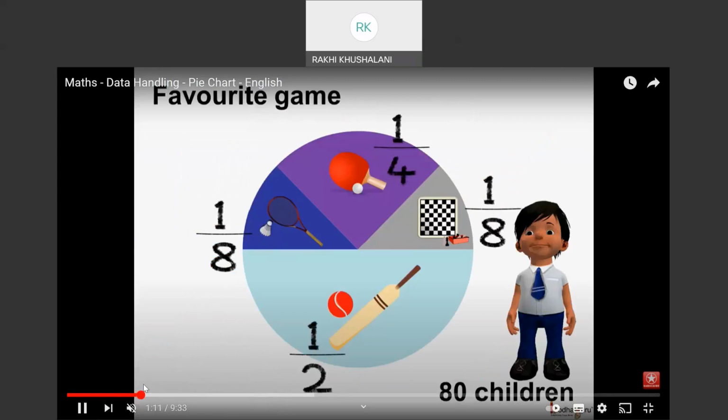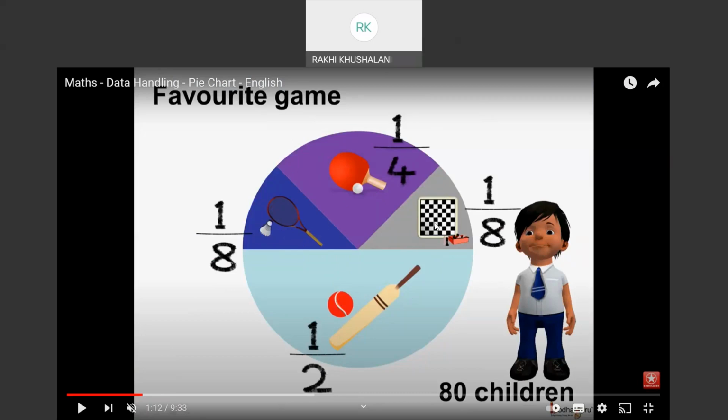Now, if I want to represent it on a pie chart, suddenly you can see there is a circle which is divided into four unequal parts. There is a purple portion, a gray, a blue, and a light blue, where they show a cricket sign here, here the badminton, here the table tennis, and here the chess.